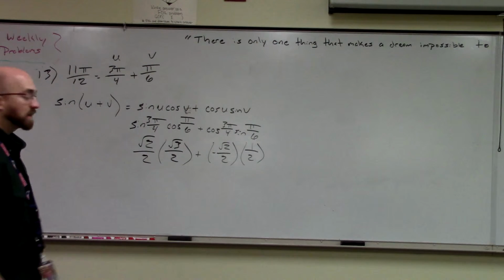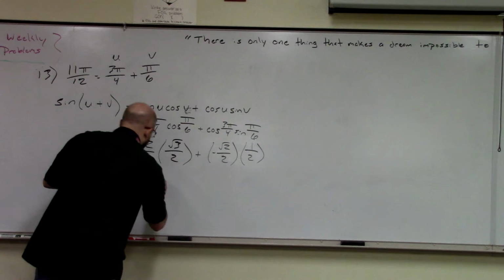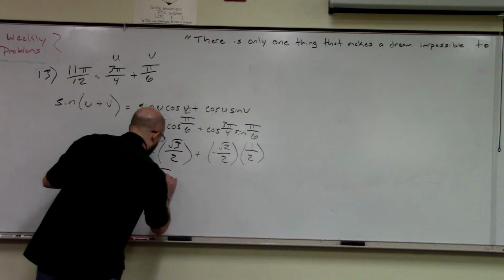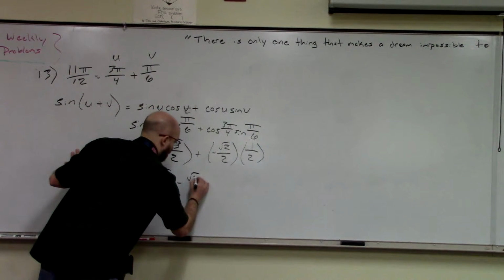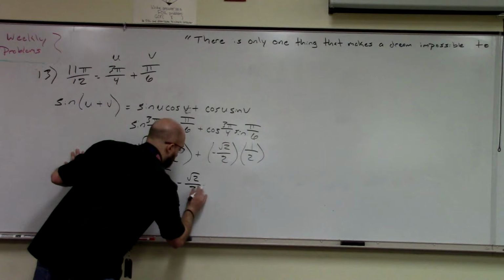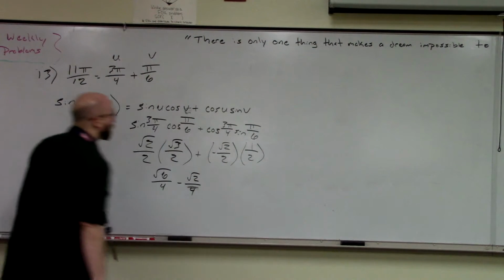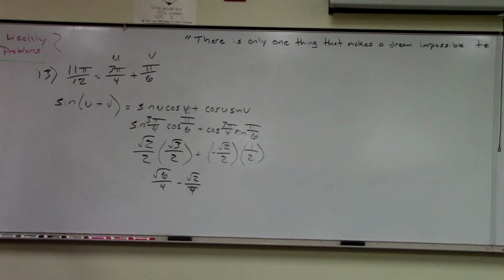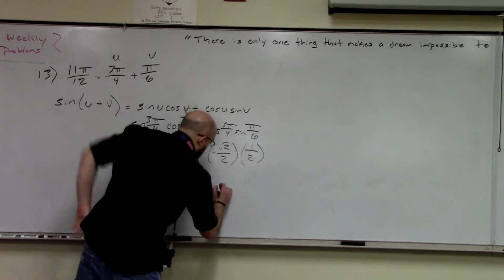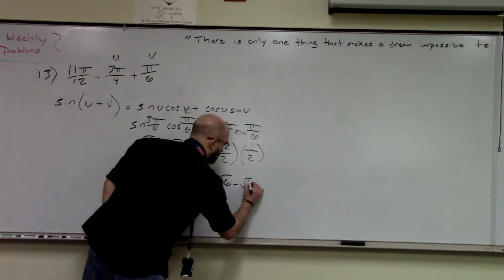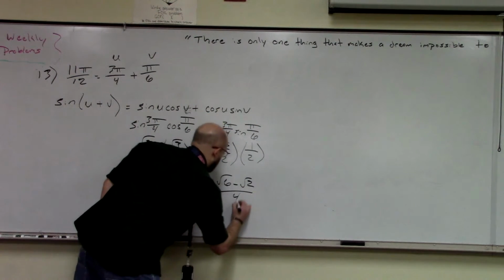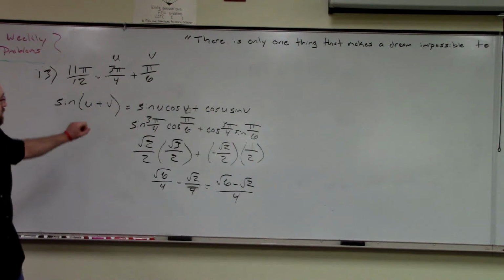Multiply straight across like we did previously. We get square root of 6 over 4 minus the square root of 2 over 4. Combine them. That's square root of 6 minus square root of 2 over 4. And that's the answer to sine.